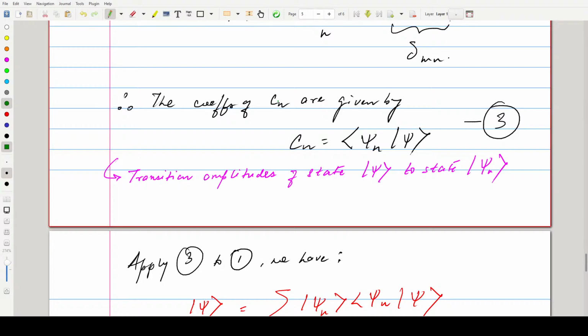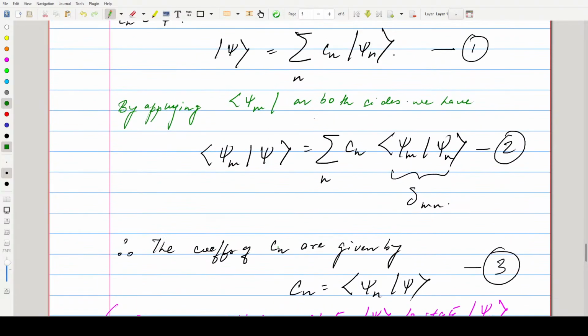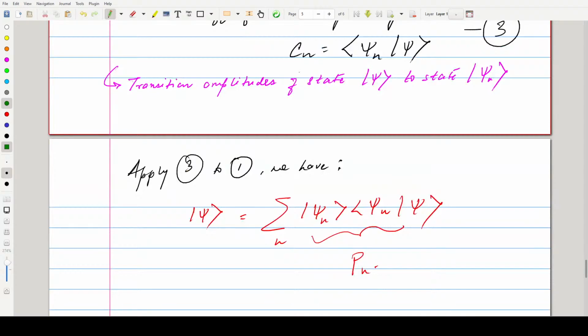I'm not of the background to say why this is so, and why not. We need to have a physicist who can explain this. But yes, these are the transition amplitudes, and if we apply this to our first equation, we're going to get something of the sort: psi is equal to psi n times the projection along the vector psi.